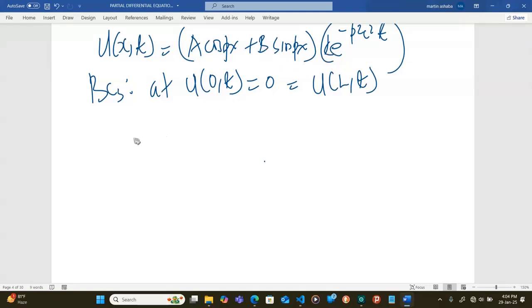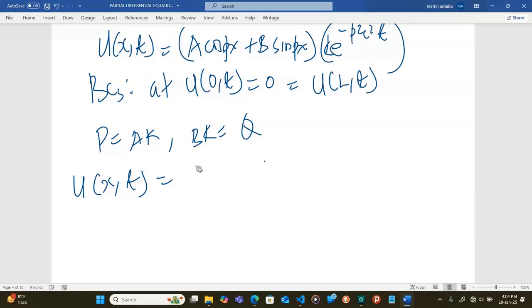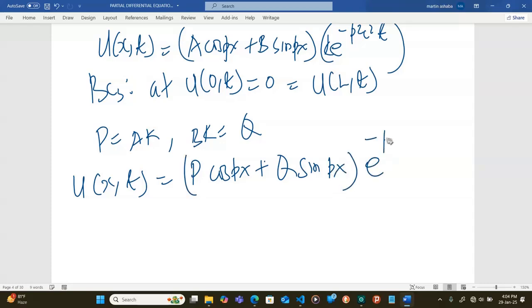So if I say a times k, I mean p is equal to ak, then bk is equal to 2. Then I'll have u(x,t) equivalent to p cos px plus 2 sine px, then we're multiplying by exponential of negative p squared c squared t.